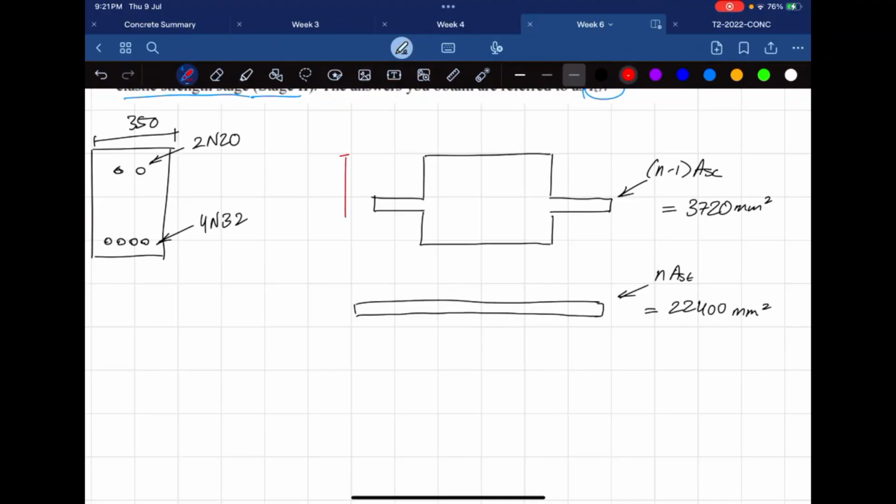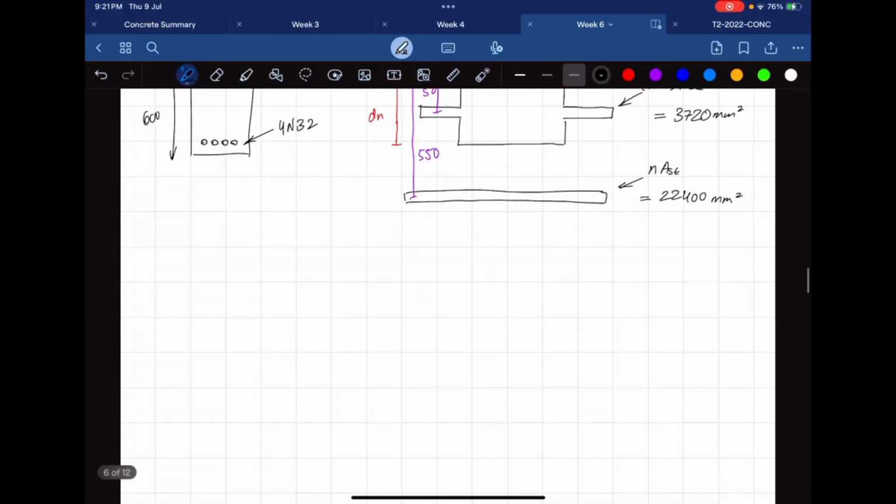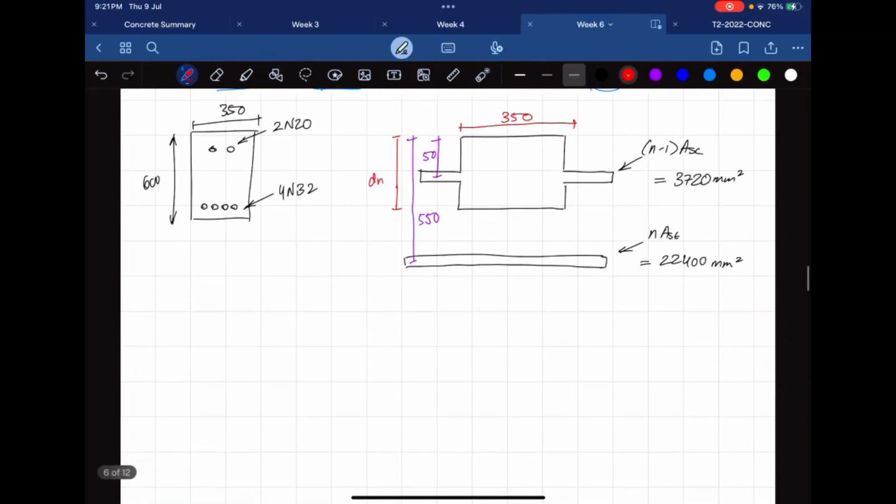Now the tricky thing about this is dn is unknown. This is still 350. Then the distance from here to the center is 50. Here to this center is 550. Okay, cool. Now we're ready to do our calculation. So I'm going to find Q. I'm going to say that this is component number 1, just breaking it off here.